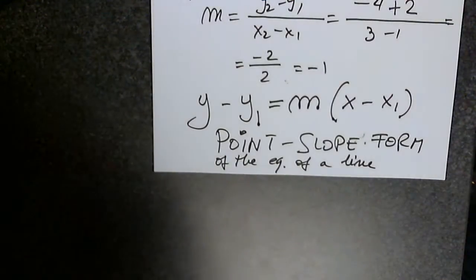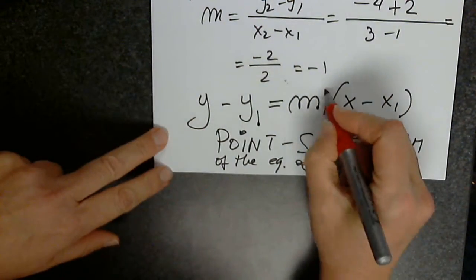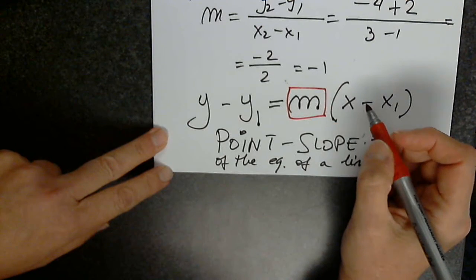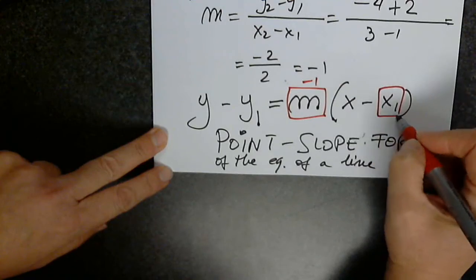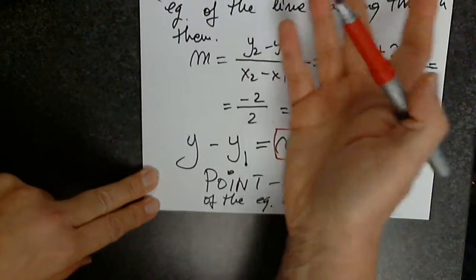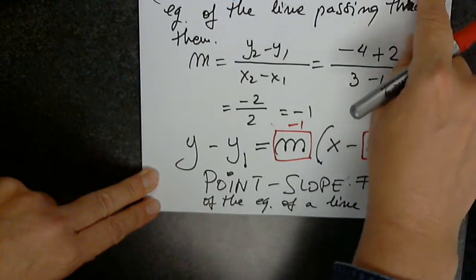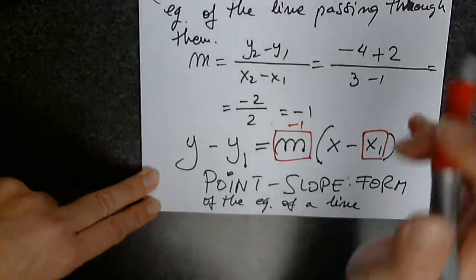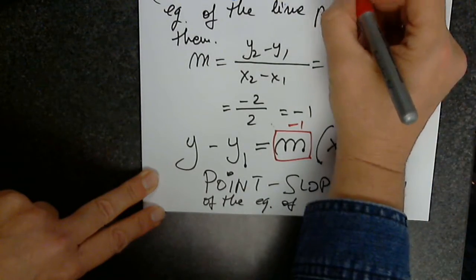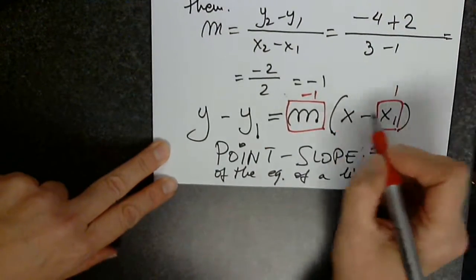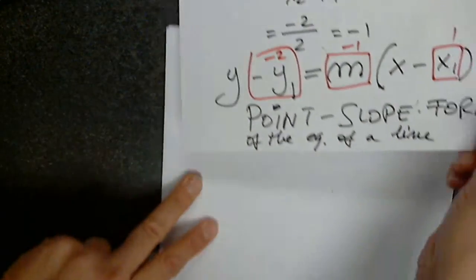Okay, so now what do I replace in this equation? Very good, I replace this by, you can choose, but you cannot choose one from here and one from there. You have to be consistent and choose one or the other. So I'm going to choose my x1 and y1. Let's see what happens next.